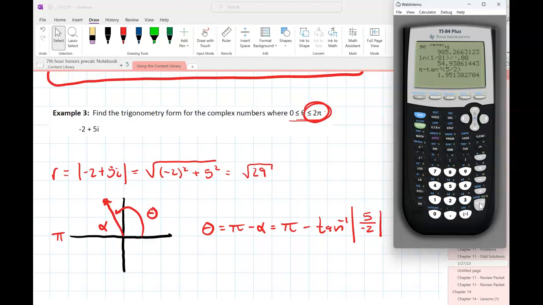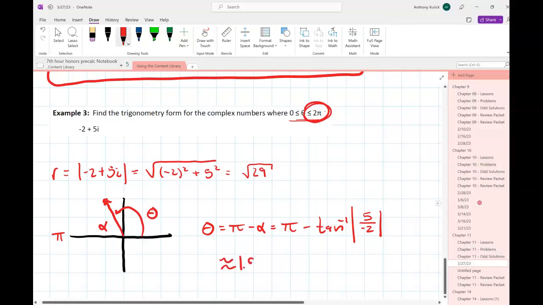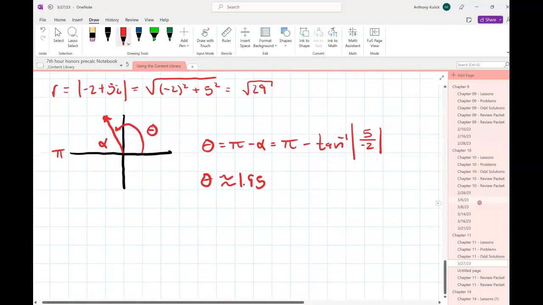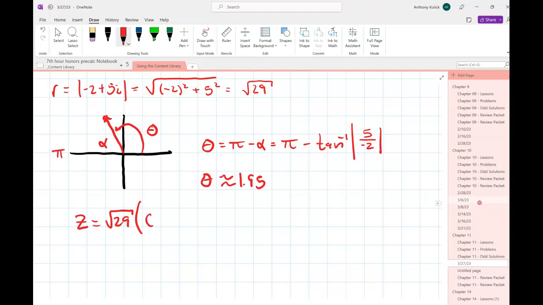It's not worth the button pushing to get the absolute value symbol to come up. I get 195. So then I would write z is the square root of 29 times cosine of 195 plus i sine 195.